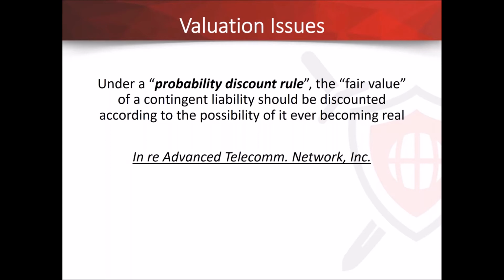In other words, if in fact there's a liability that's probable or contingent, it's very impressive to the court. It's just like you're doing a gift tax return or an estate tax return. It's very impressive to have an appraisal.